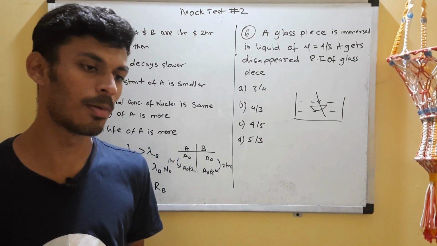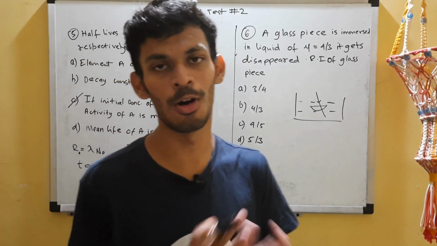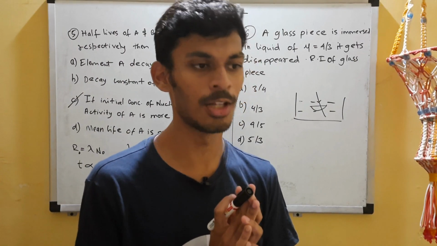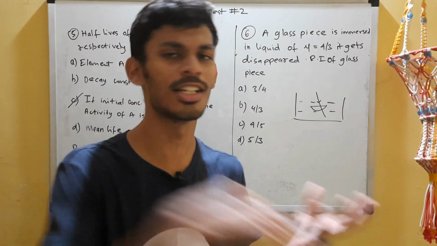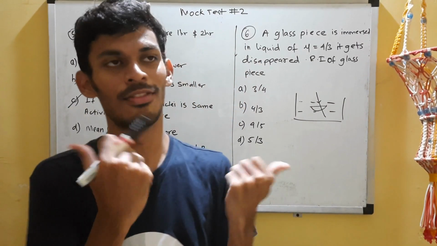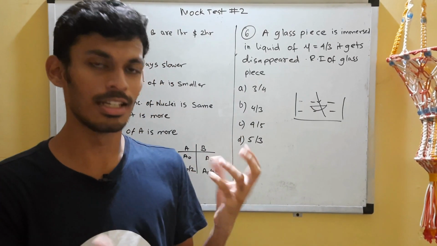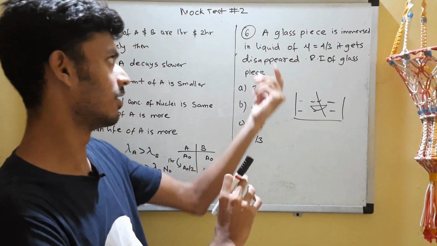So the light will not reflect or refract, so you cannot see the boundaries.